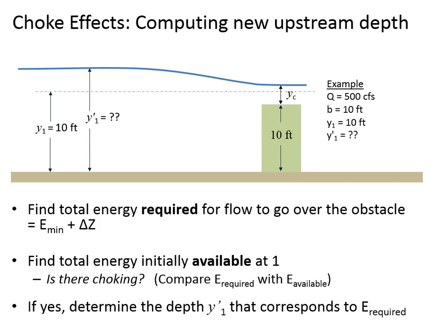So this is how much energy there's going to be at 2. At 2 is going to be the energy in the flow and the energy of getting over the obstacle. This is along the same lines of what we've been doing before, like over here when we were looking at the energy at 1 and the energy at 2.